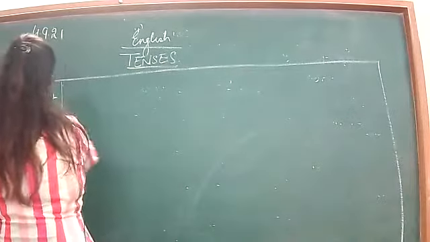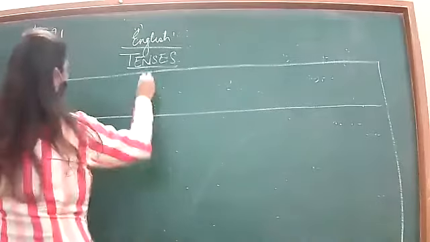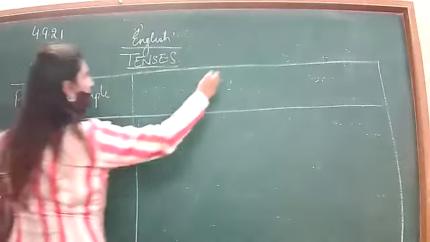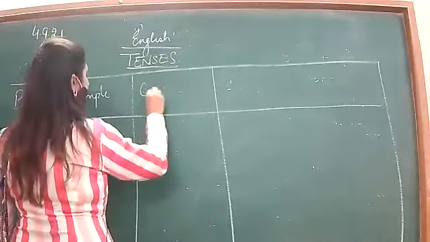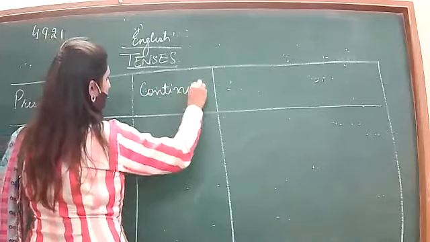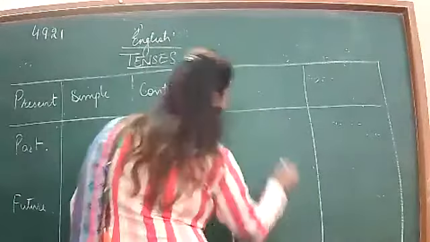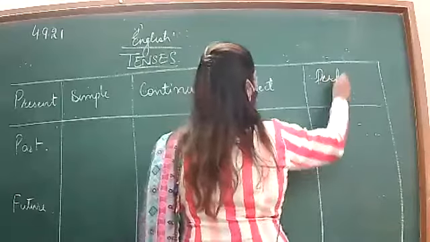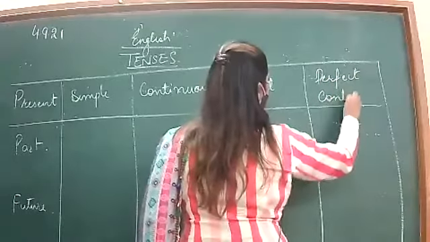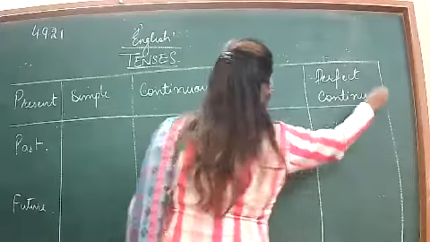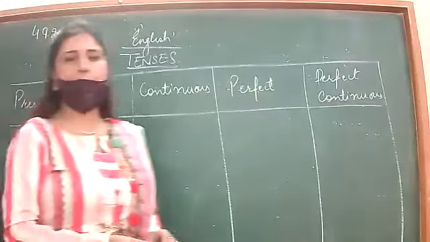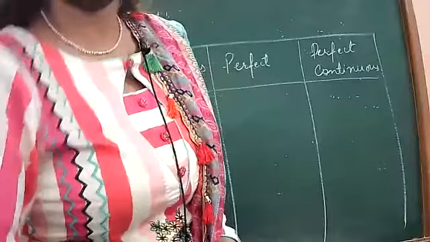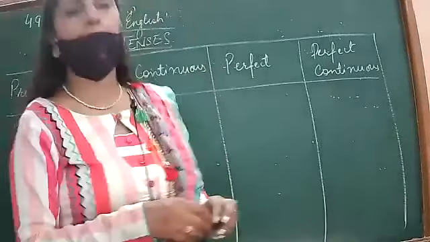First of all, we have simple, continuous, perfect, and perfect continuous. So now let me adjust the camera a bit. And I hope that now it is visible to you clearly.